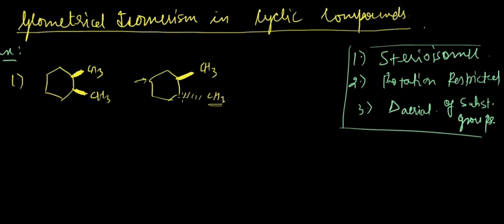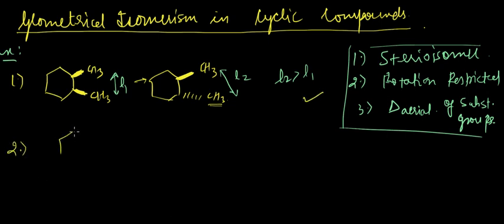So this is a stereoisomer, it is rotation restricted as it is a ring, and there is also a difference of areal distance, because in one case this is coming towards your face and this is going away from your face. So the L2 distance would be greater than the L1 distance, and as a result this is showing geometrical isomerism.